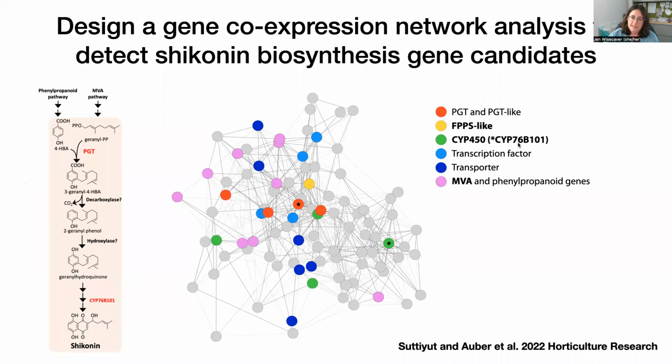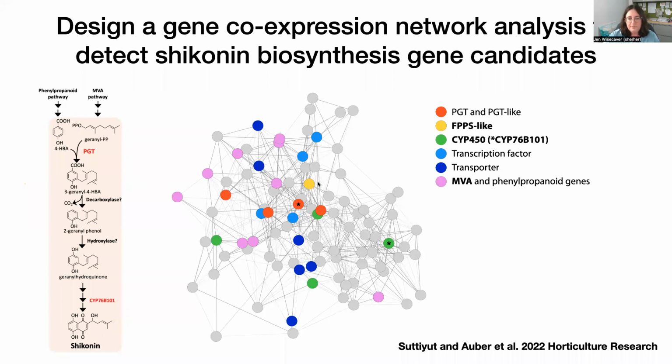We also see the cytochrome P450 here that we already knew to participate in the pathway, as well as some additional P450s of interest, some transcription factors and transporters that may be of interest for future investigation. And in pink, there are genes for the MVA and the phenylpropanoid pathway, which provide precursors for Shikonin biosynthesis. So all of that makes sense.